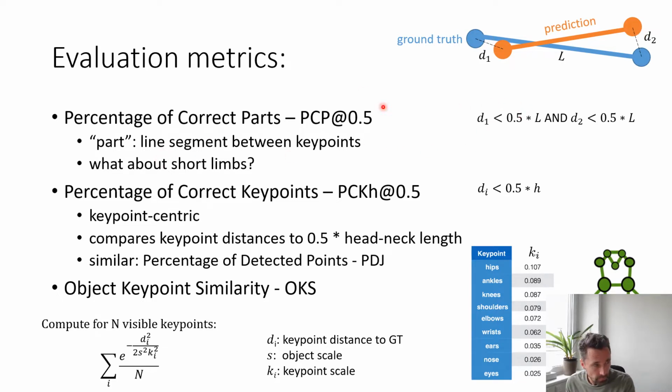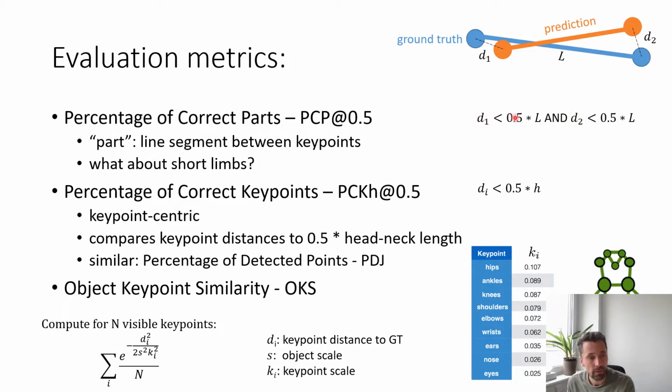Now, in PCP 0.5, we look at correctly classified or correctly regressed. Actually, it's a regression task, right? Correctly regressed key points for those limbs, and we ask whether the first distance is smaller than half the length between those key points for both of these distances.